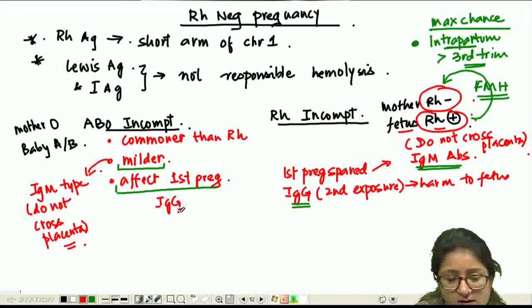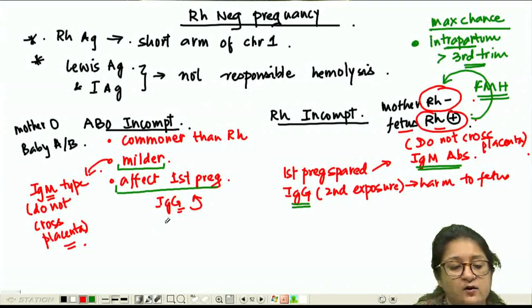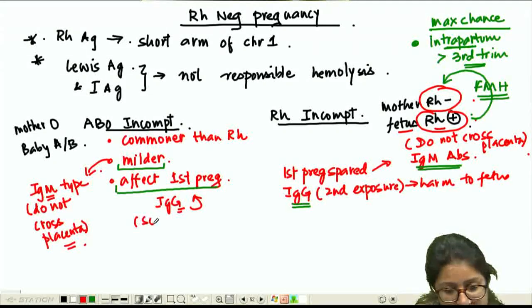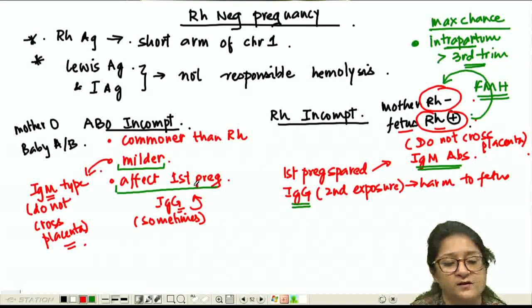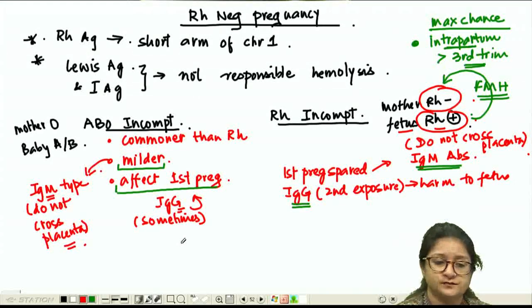IgG type can cross the placenta. Sometimes there can be IgG, and they will cross the placenta even during the first pregnancy and affect the first pregnancy as well.